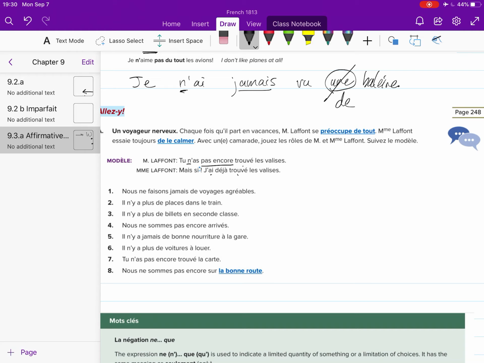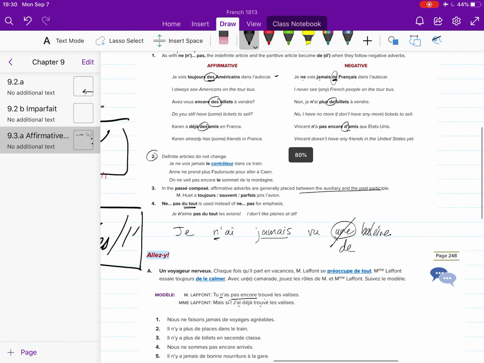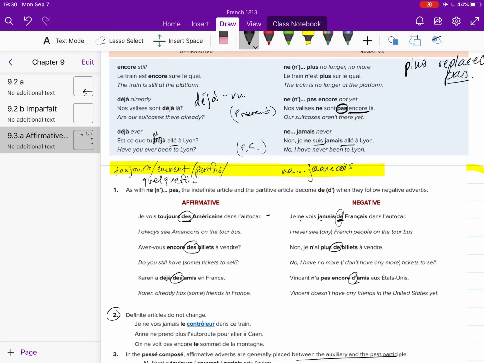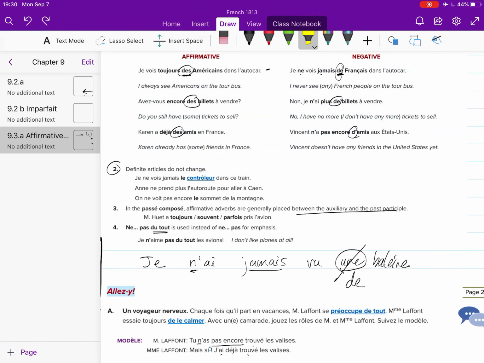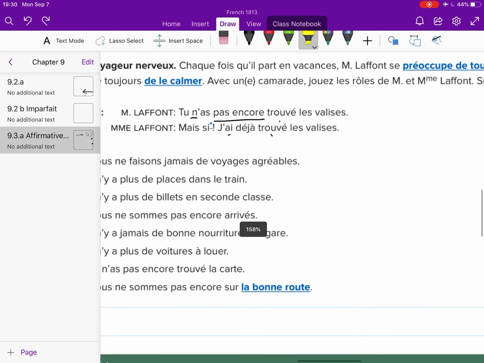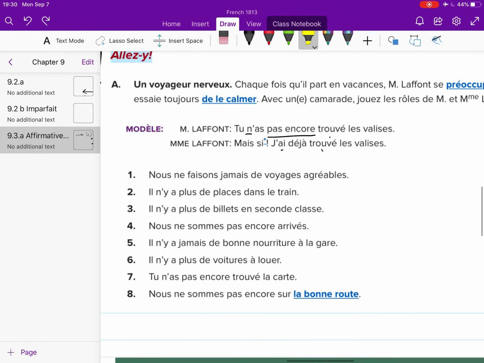The opposite of ne pas encore, if I go back up to my book, the opposite of ne pas encore is déjà, up here at the top, right? So that's why she's going to fill that in, and she's going to say, j'ai déjà trouvé des valises, because the opposite of ne pas encore is déjà.